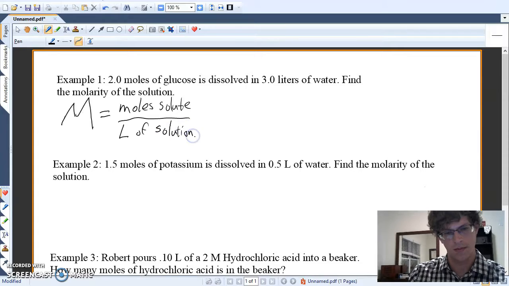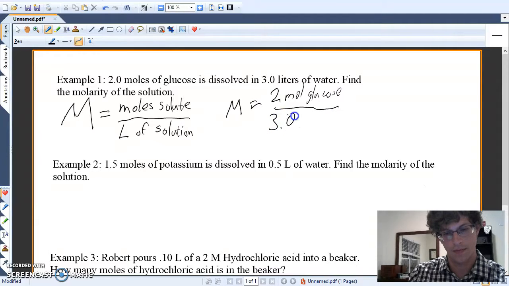So we know that M is going to be, in this case, 2 moles of glucose divided by 3 liters of water. We need to make sure we have our significant figures. That leaves us with 0.67 molar glucose solution.